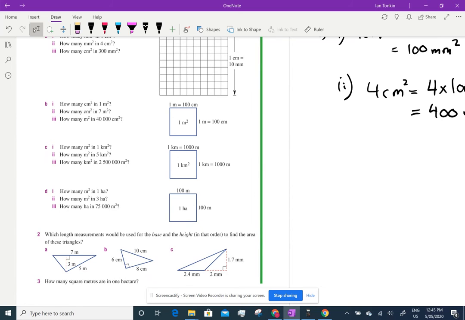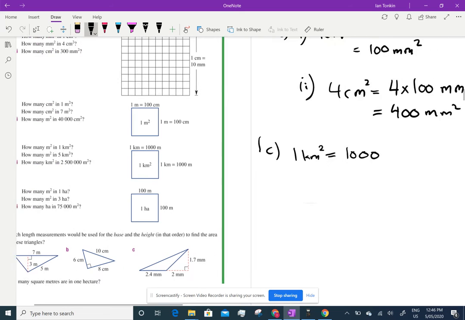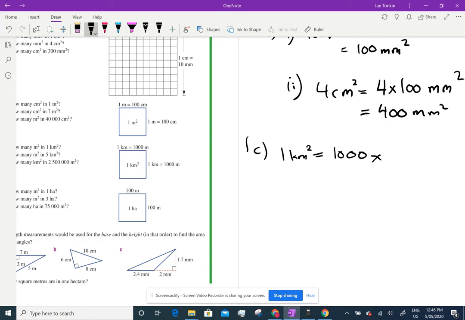Now, if we go down here, I'm going to have a go at 1C. So you can do 1B, and in 1C, how many metres squared in a kilometre? Well, they've done it for us here. They've drawn it. 1 kilometre square is 1,000 times 1,000.